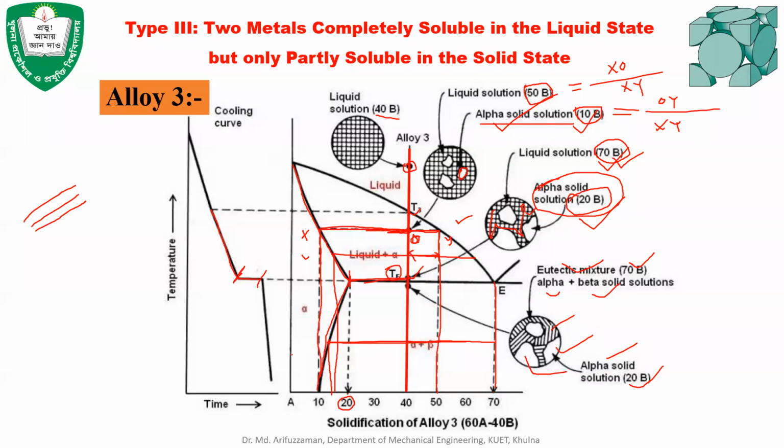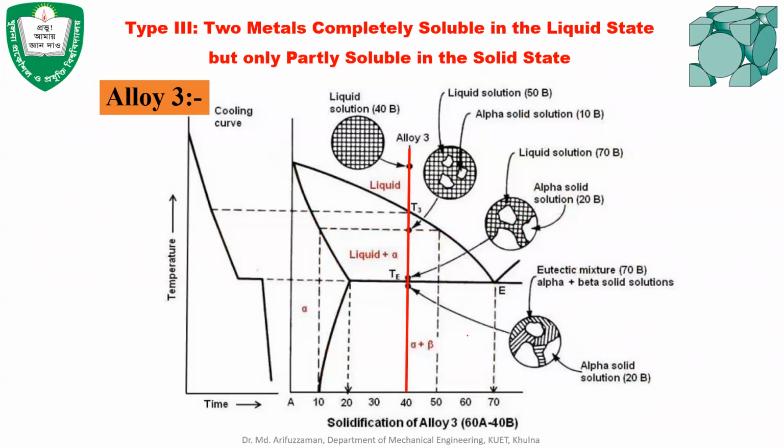Okay, no. Then I want to make some more comments here. First, if we have an alloy in this region, that will have the maximum amount of solid, that means the maximum amount of alpha solid solution and a small amount of mixture of alpha and beta.